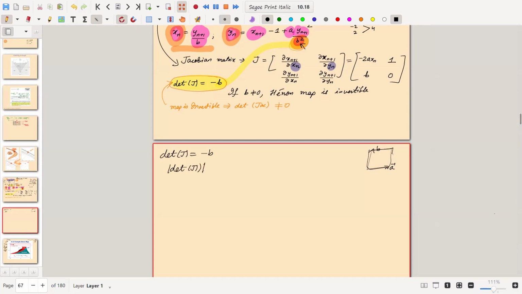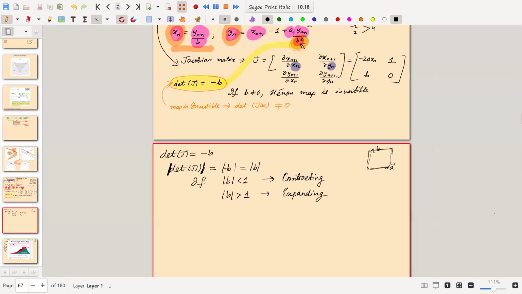Area cannot be negative. So we have to take the modulus. Okay. So the modulus is nothing but mod B. Mod of minus B, that is mod B, let us take. Okay. So if mod B is less than 1, then it is contracting. The map is contracting. And if mod B is greater than 1, it is expanding.